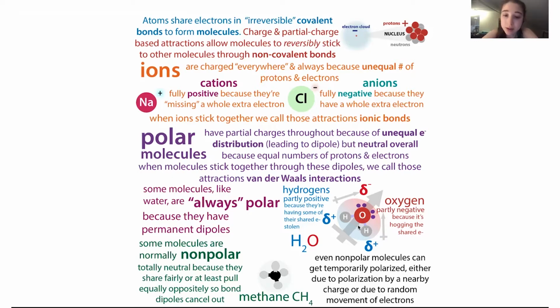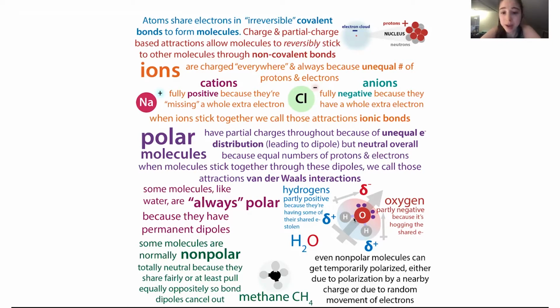If one of the atoms that's supposed to be sharing this pair of electrons shares unfairly, if they're really hogging the electrons, we call those atoms electronegative. A great example is oxygen, also nitrogen. These electronegative atoms can pull the shared electrons towards them, making them partly negative and the thing that they're attached to partially positive.